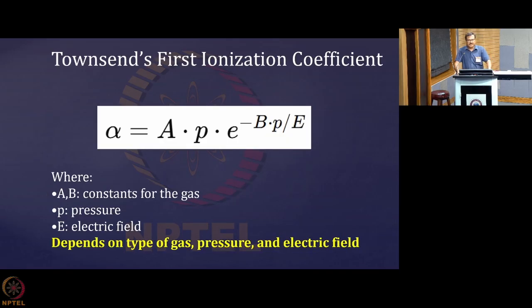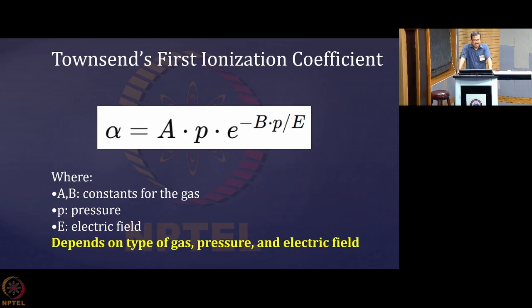Now numerically, the expression for the ionization coefficient goes like this: alpha equal to A P exponential of minus B P by E. Here A and B are the constants for the gas, P is the pressure, E is the electric field.